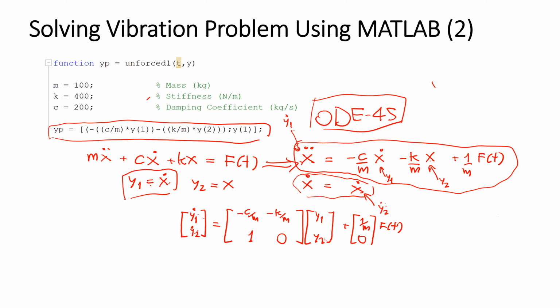If we write this into this form, you can see the minus c per m multiplied by y1 and minus k per m multiplied by y2 will be the first variable that is stored in the yp, and the second one that is stored in the yp is just 1 multiplied by y1.